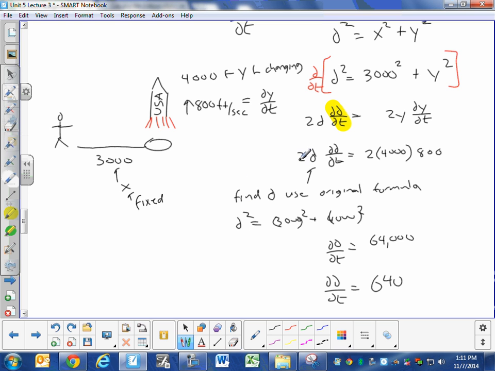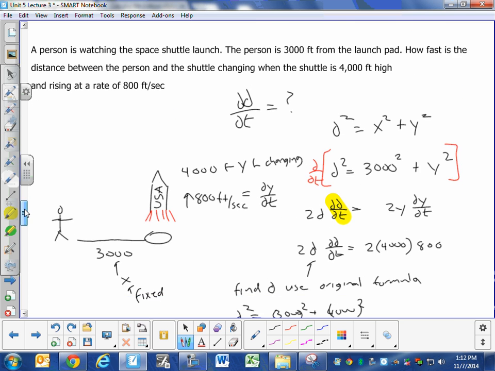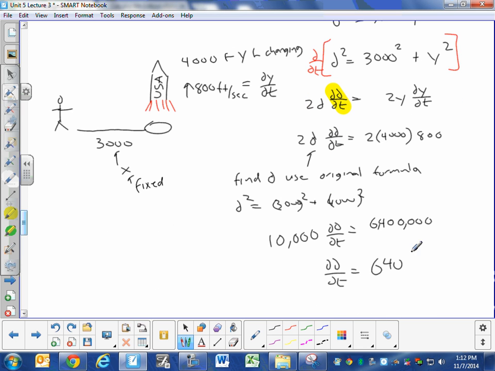This was 5,000 times 2, that's 10,000. Did I miss a 0 here? Yeah, 5 zeros. I was way off. Then 1, 2, 3, 4. Get 1 0 left over. Good, 640. Okay, and this is in just distance units, so feet per second.